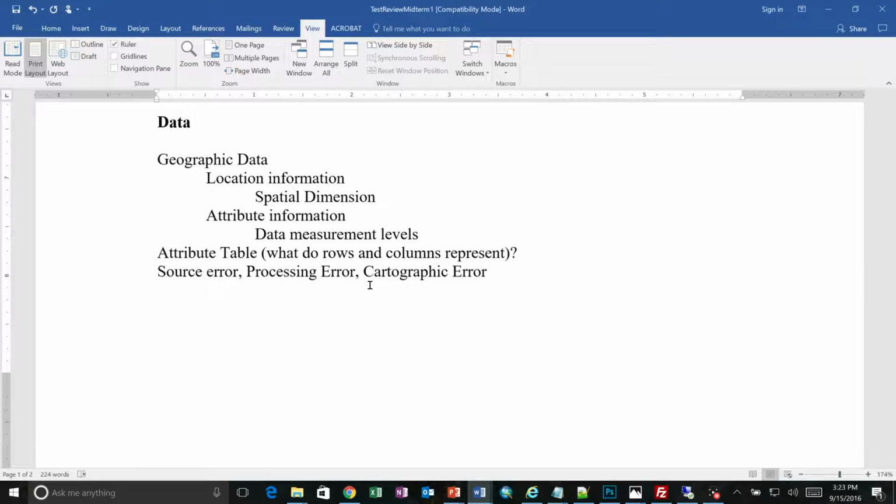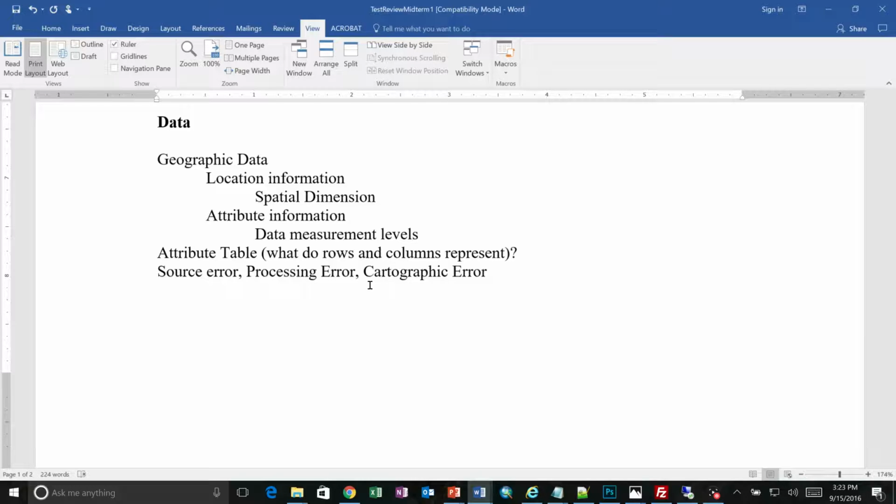All right. Now, when we talked about data, we talked about what is geographic data? Well, geographic data is just data that has spatial information, and it can have a spatial dimension. What does that mean? Well, it's a point, which is 0 dimension, line, which is 1 dimension, polygon, which is 2 dimension, or it's a surface, which is technically like 2.5 dimensions.